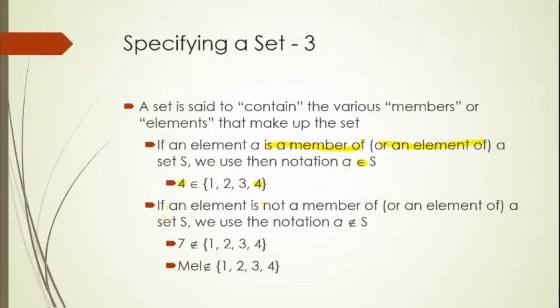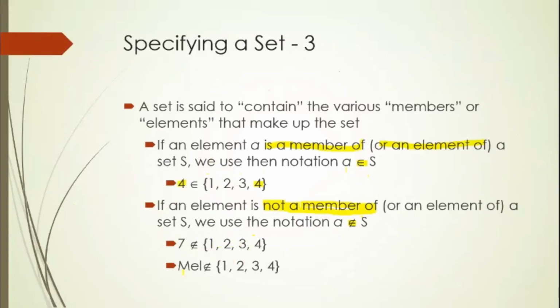If an element is not a member of, or not an element of, a set S, we use this notation. You can notice here that it's like the symbol for element of, but this time it has a diagonal line for the representation of not. So here, 7 is not an element of {1, 2, 3, 4}, which is true because you did not find 7 in the collection of these elements.